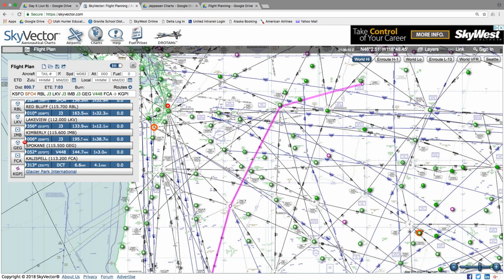We just take that 195.5, add on our 41.4, and that gives us our distance: 236.9 miles. Not too shabby, huh? So IMB to top of descent, 236.9.